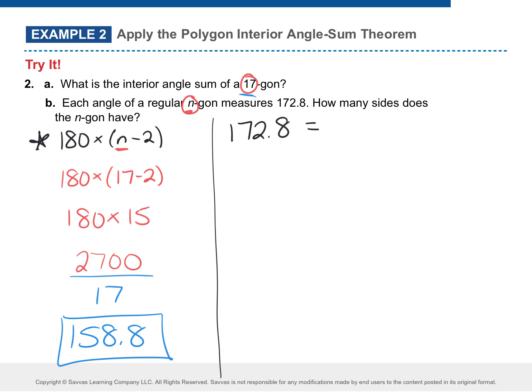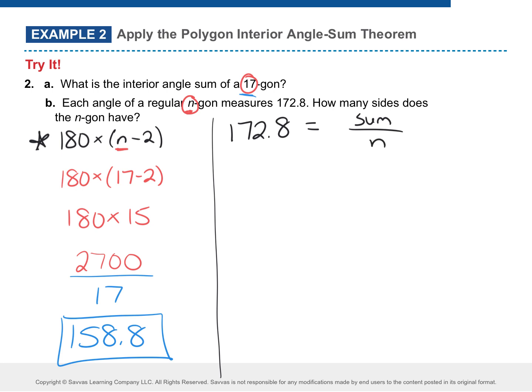Here is our one angle measure. How did we find that one angle measure? You divided the sum by the number of sides. So I'm going to write it like this: sum divided by n.